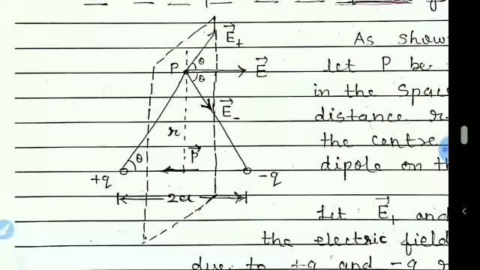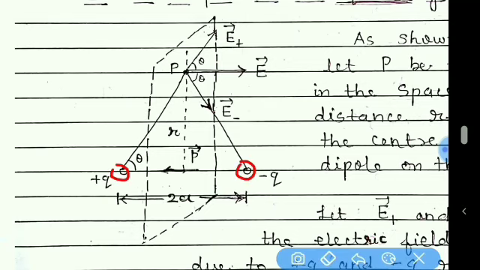Now students, you can see the given figure. Here a positive charge is there, a negative charge is there. Distance between these two charge is twice of A as usual.